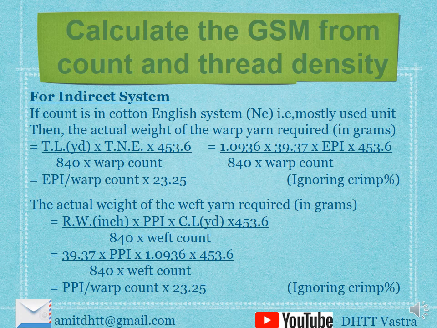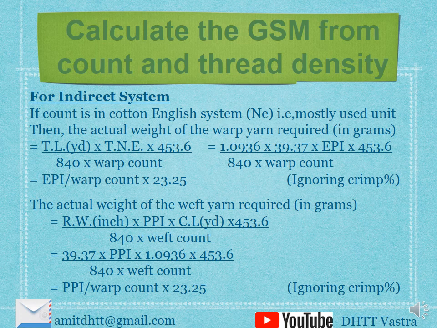So for the indirect system, if the count is in cotton English system, which is mostly used, the actual weight of warp yarn required in grams. In the last slides you already learned the actual weight of yarn required in pounds, but GSM indicates the result in grams per square meter, so we have to calculate the weight in grams.